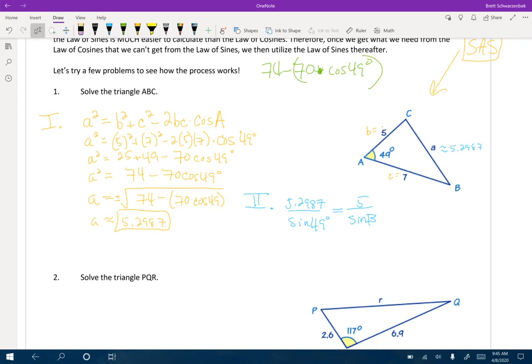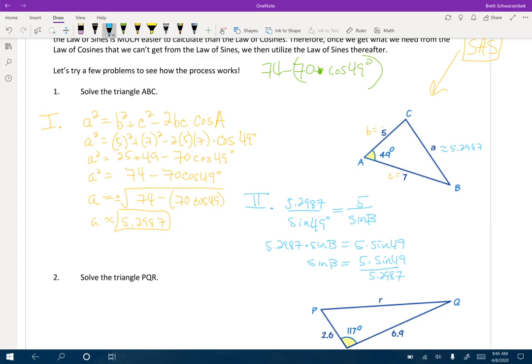Okay, so remember, we can do cross multiplication, so we can get 5.2987 times the sine of B is equal to 5 times the sine of 49. We then can divide by 5.2987 to get 5 times the sine of 49 over 5.2987.